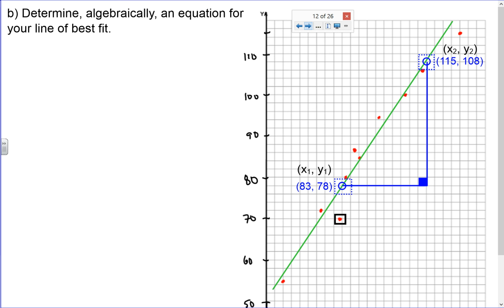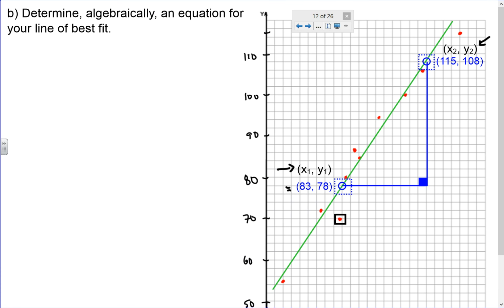So according to my data, I'm going to label the 2 points. So symbolically, I can call them x1, y1, or the first x and the first y, and then x2, y2. You can also see that I have that written in terms of its coordinates.